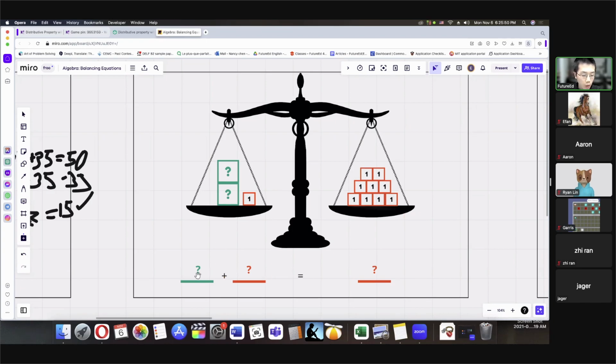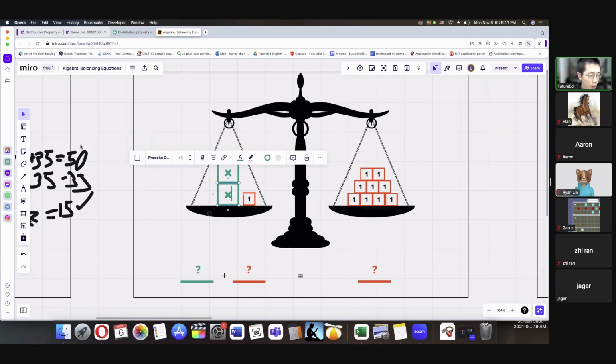So I'd like to set up an equation at the bottom here and find out how much these question mark Mario blocks weigh. I know they're not the same color, but let's just call them X.